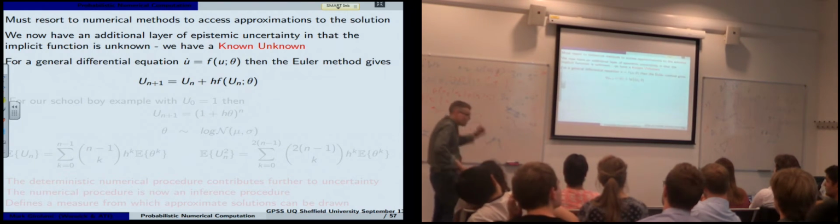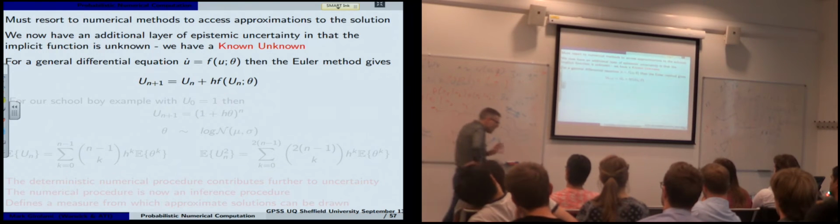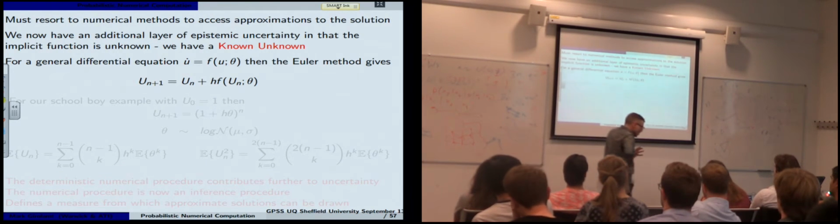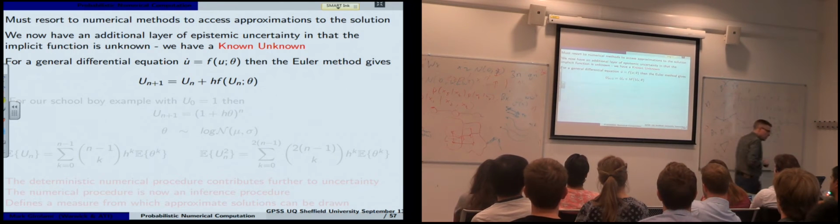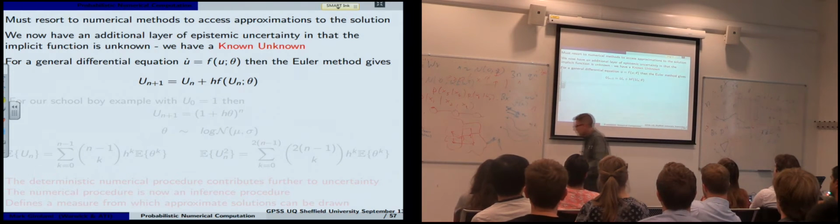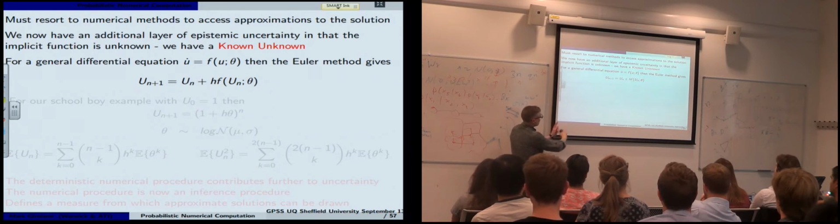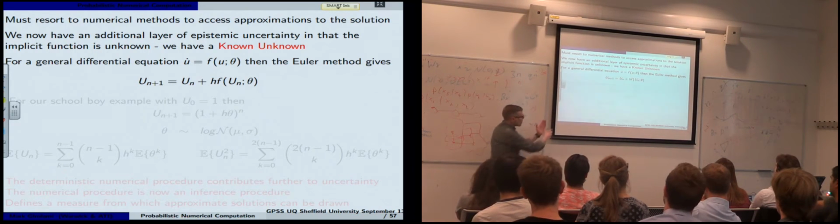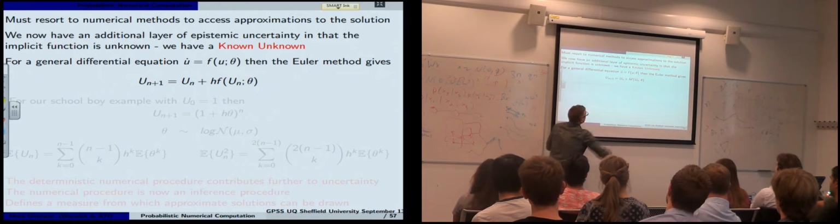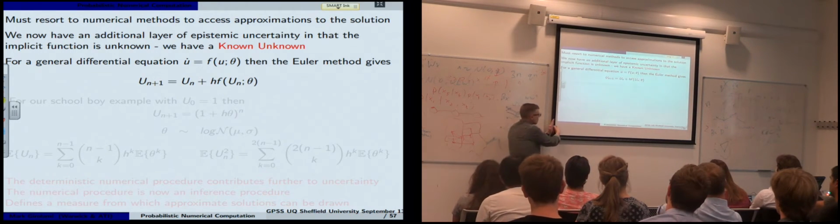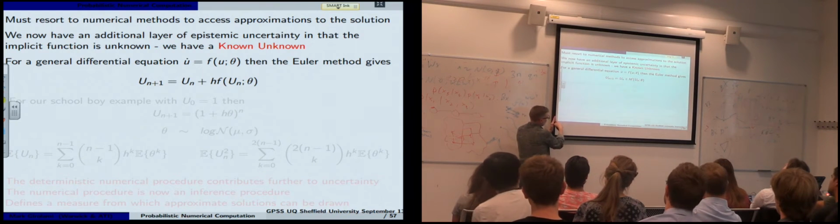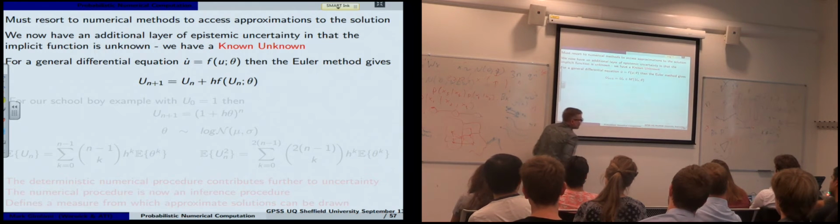And again, if we just think of the simplest possible numerical method that we could use to solve this little differential equation, we would use what we did at school, something like Euler's method. Euler's method would say that if I take my time horizon and split it up into a little discrete grid, where time starts at 0, and then at a time increment of h I would have time 1, and at another h I would have time 2, which would be time 1 plus h, and so forth.